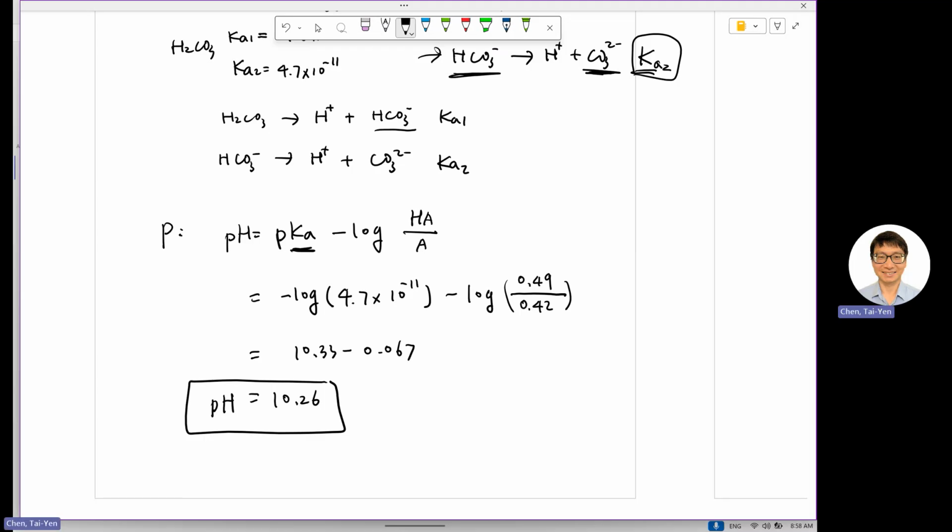Any questions? Okay, I hope this is clear. So let's recap the things we went through. When you read the question, you know that apparently it's a buffer. The challenge here is you have two Ka's, Ka1 and Ka2, right? Which one should you use? You should know what your conjugate acid and base pair is.